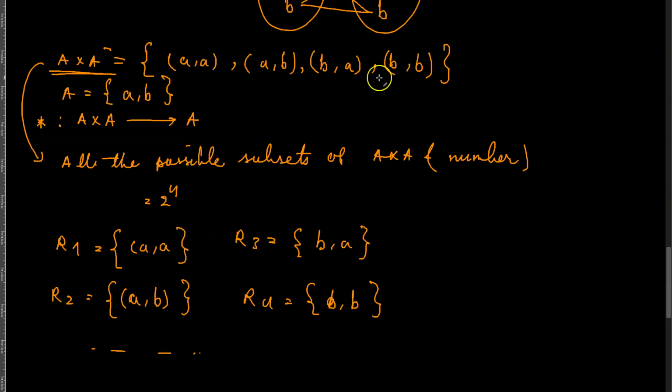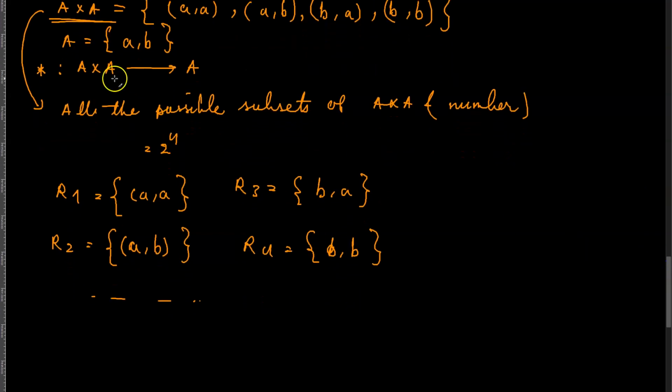And once you have all of the subsets, you can define star in such a way that R1 to A is a function, and then theoretically you can have the number of all the different binary operations on the set {A, B}. That would be basically the possible number of the subsets of R1, because then you would get, for example, R1 to A, R2 to A, R3 to A, R4 to A, and so on and so forth, which would be 16.